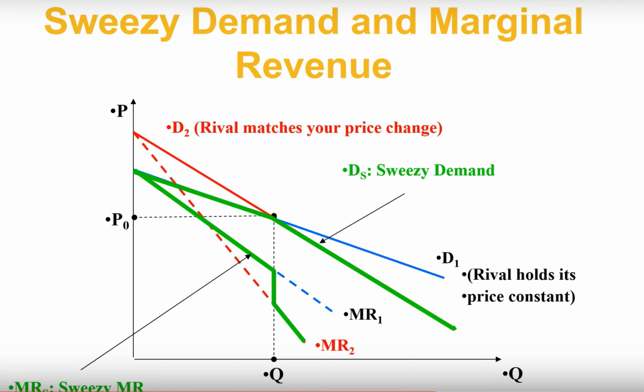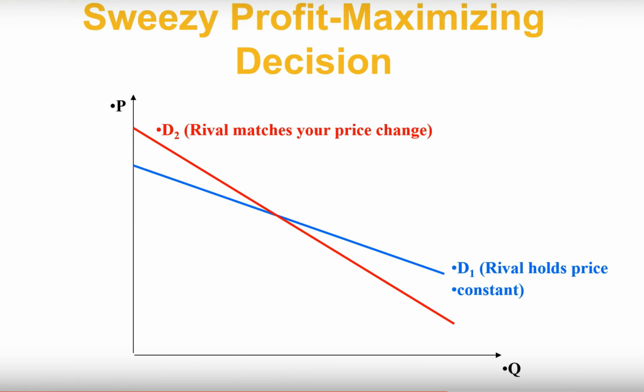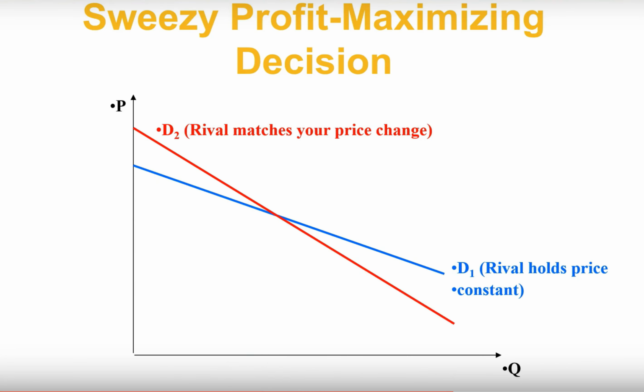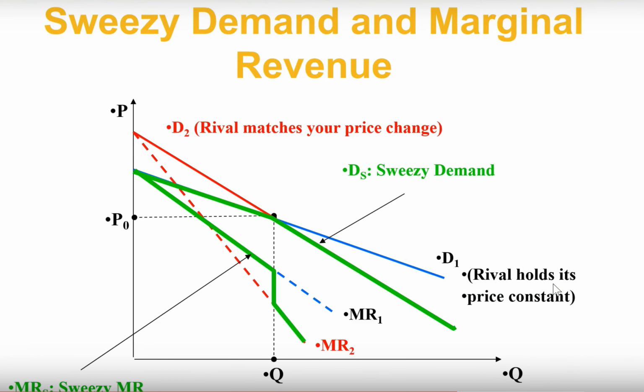In other words, these are ways to demonstrate price and output are more stable in oligopoly than in monopoly or in perfect competition. How do we demonstrate that? Well, one way is, let me bring it back here.